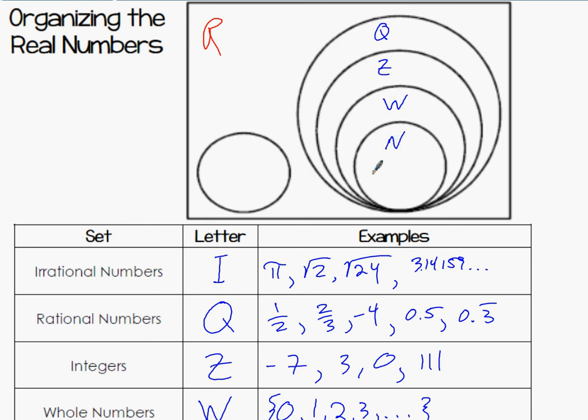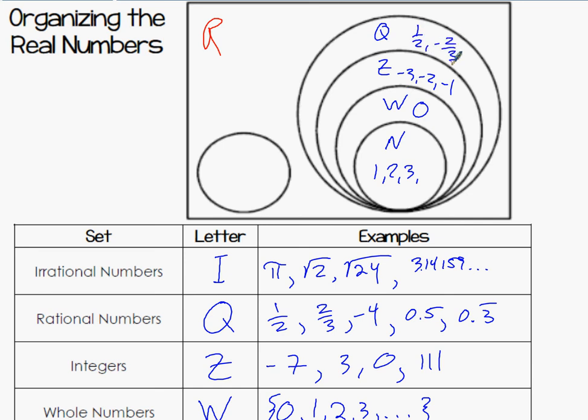Natural numbers would just be 1, 2, 3, etc. The whole numbers would add 0 to the picture. The integers would add the negative values, the negative whole numbers. And then the rational numbers would add some other things that aren't integers, like 1/2, negative 2/3.